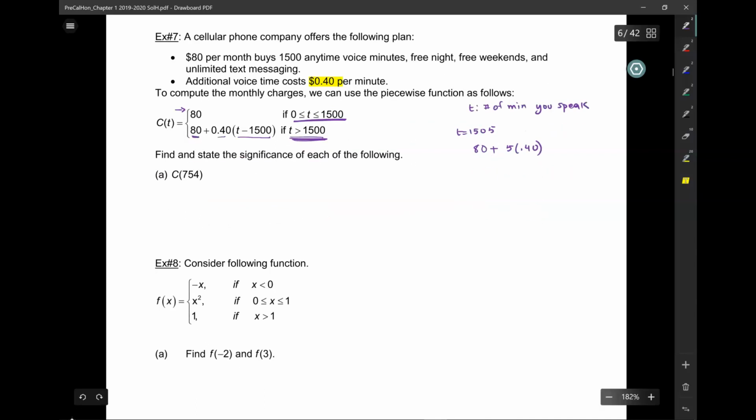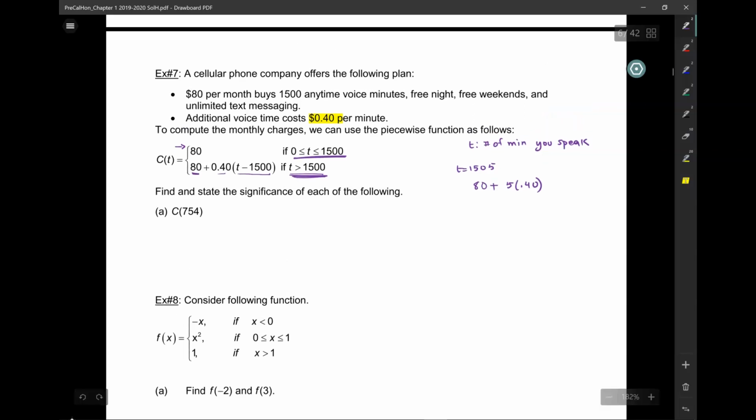Now this is telling you what C of 754 is. But what is C? C is the cost. So if you spoke 754 minutes, how much are you paying? $80.